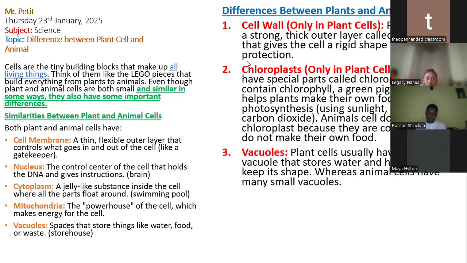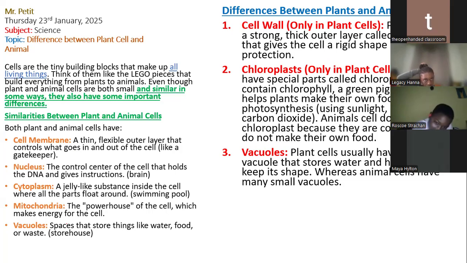Thank you, Legacy. Roscoe, I can hear you now. What are the differences between plant cell and animal cell? The plant cell has a cell wall and the animal cell doesn't. Good. What else? The plant cell has chloroplasts and the animal cell doesn't.